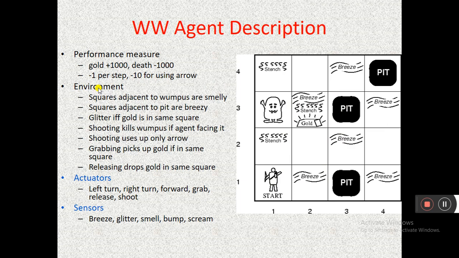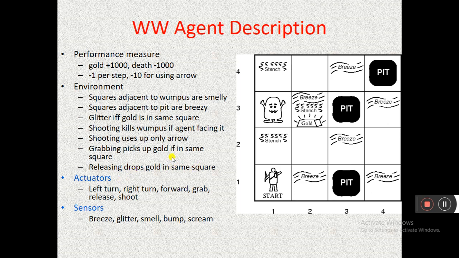What is the environment of this game? Squares adjacent to the Wumpus are smelly. If there is a Wumpus, all the squares around it would be smelly. Squares adjacent to a pit are breezy. Glitter if gold is in the same square. Shooting kills the Wumpus if the agent is facing it. Shooting uses up the only arrow. Grabbing picks up gold if in the same square. Releasing drops gold in the same square.